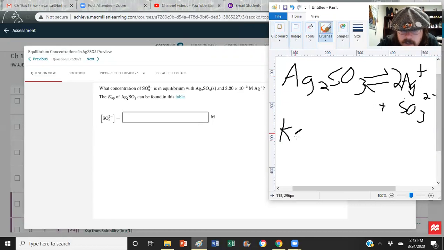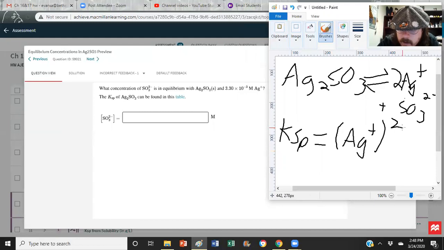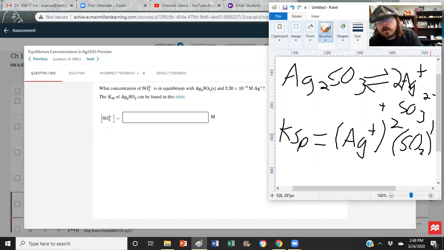So KSP is equal to products raised to the power of their coefficients: silver plus squared and sulfite to the first, over 1. So we don't consider the reactants at all.